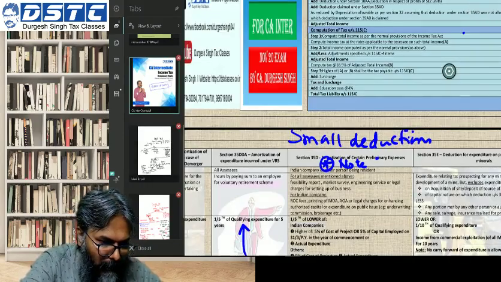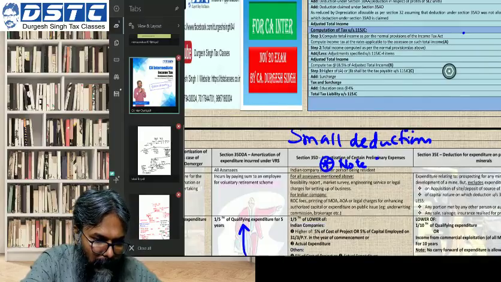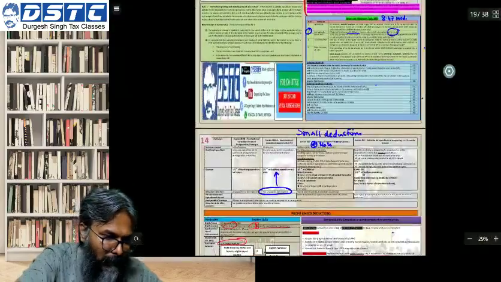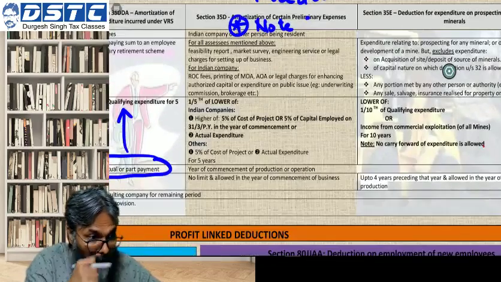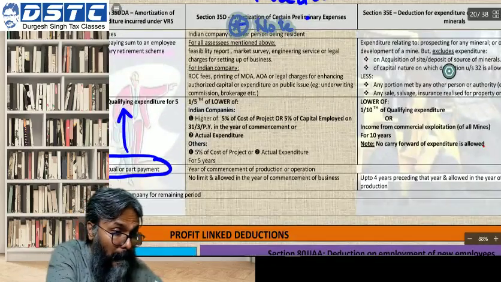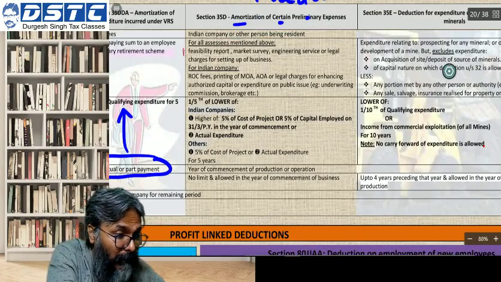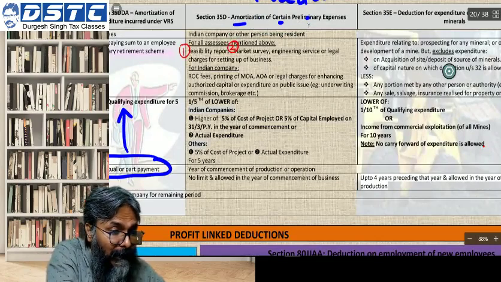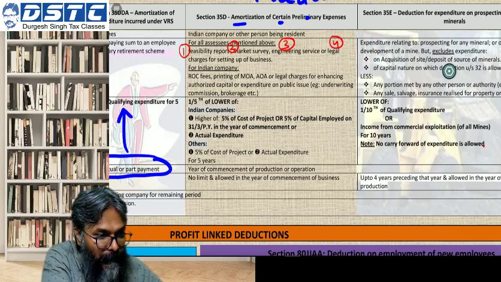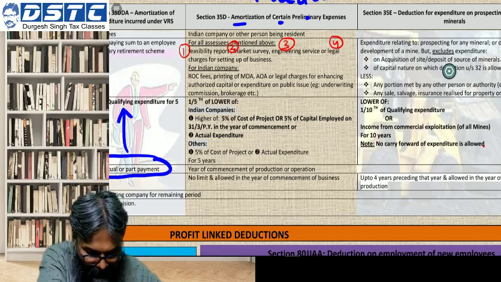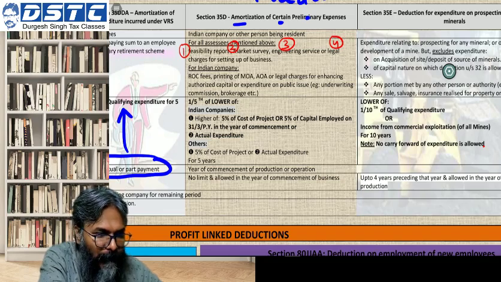Now if you see over here, students: this is 1, this is 2, market survey, engineering service 3, legal charges 4. So feasibility report, market survey, engineering service, legal charges. These are the 4 items.